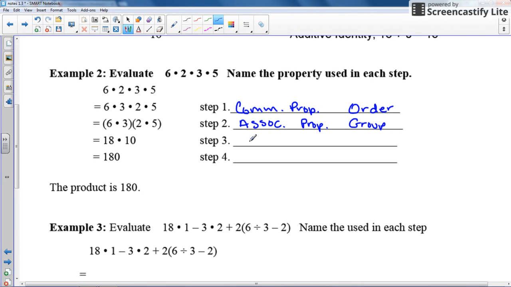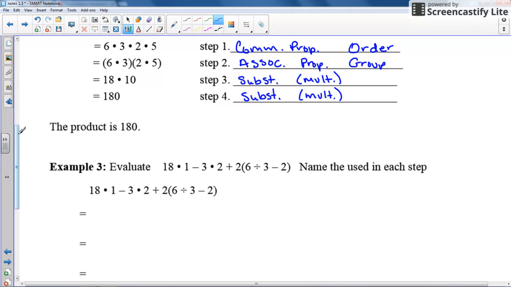Then step 3, we're just multiplying. So you could call that the substitution property. And finally, the last step is the same thing. We're just substituting an equivalent expression in by multiplying. So that's a quick and easy one, just recognizing when we're changing the order of things versus changing the grouping of things.